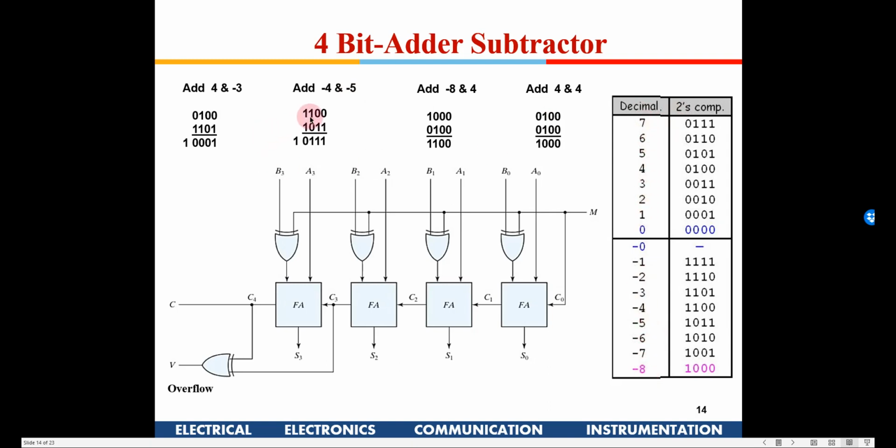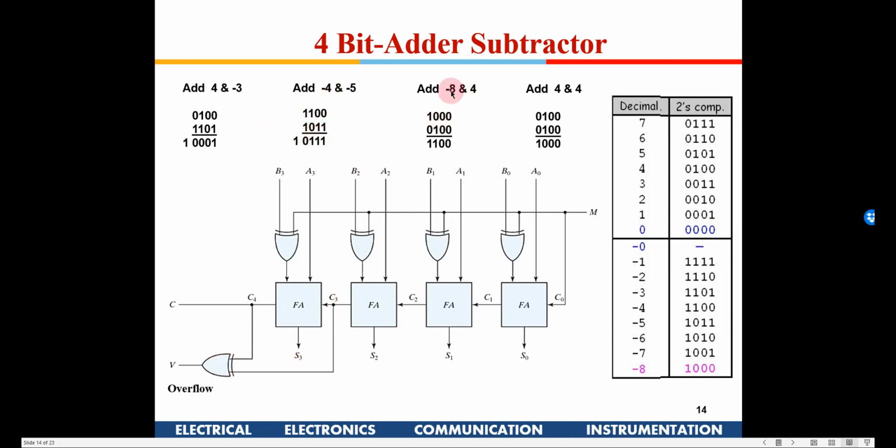So this is an overflow condition, and that is why this answer is wrong. Now this doesn't know, we have to tell it how to say this is wrong. So we need to program it or make a hardware which detects this kind of overflow.